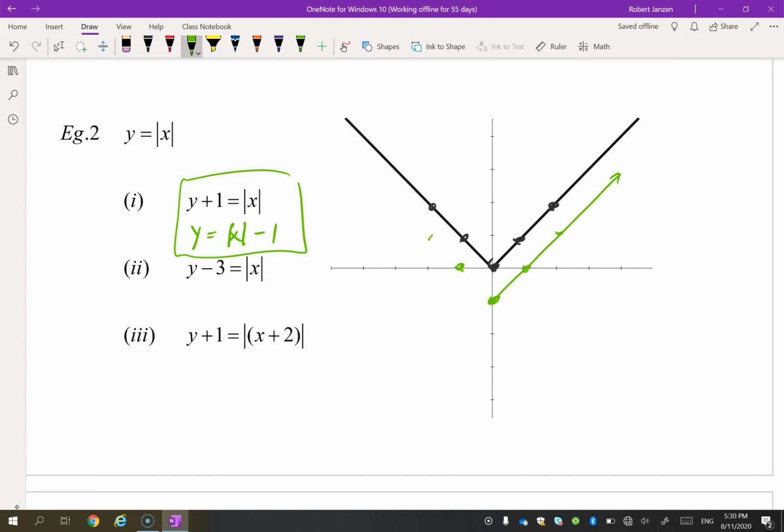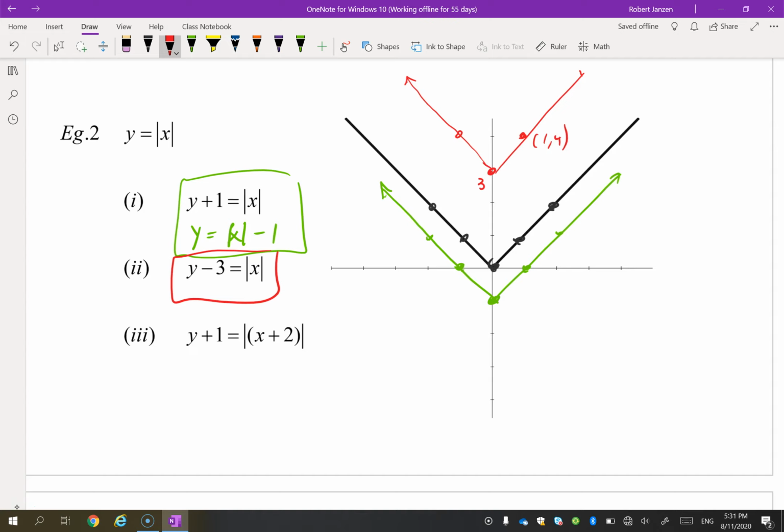So something like that. Then how about this one? What is this one going to do? Well, this is a minus 3 here. If you move it to the other side, it's a plus 3. This is going to move it up 3 units. Okay.